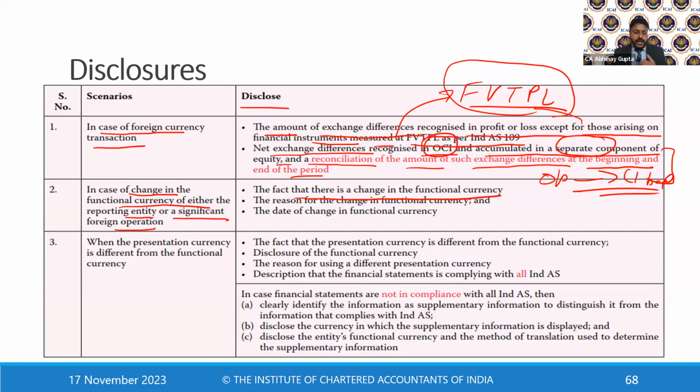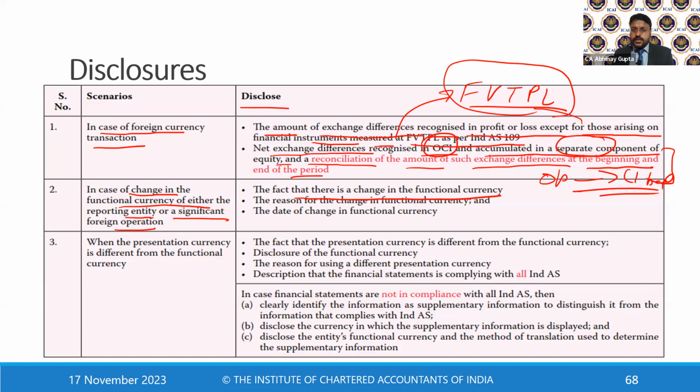So if it is a change in my own functional currency, I will disclose that my functional currency has been changed on account of so and so reason or change in circumstances. If my foreign operation's functional currency has changed during the year, then in consolidated financial statements as well as in separate financial statements, I will say that my foreign operation functional currency is changed from dollar to Japanese yen on account of so and so reason, right?